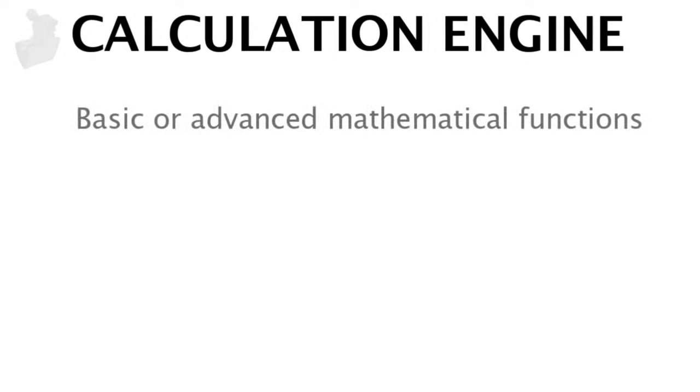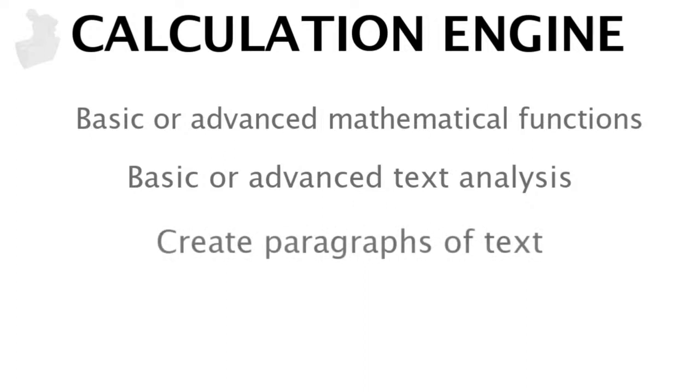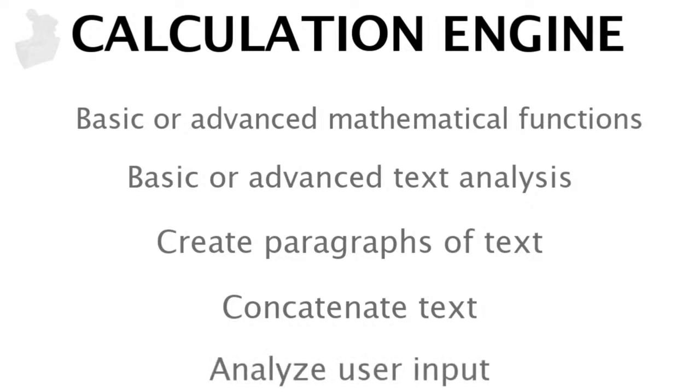The calculation engine can perform all sorts of basic or advanced mathematical functions, as well as basic or advanced text analysis or formatting of text. It can create paragraphs of text and even concatenate text together. It can analyze the data that users are inputting into fields. It also can make decisions on output based upon the results within the calculation.